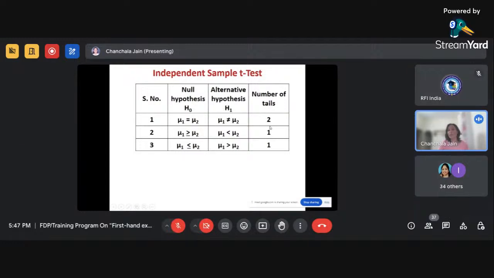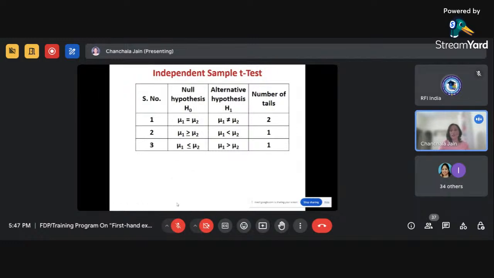That means this is the two-tailed test where both possibilities exist, right? In that case, this graph shows that your rejection region will fall on both the tails, and the remaining middle region will become the non-rejection region of your null hypothesis.